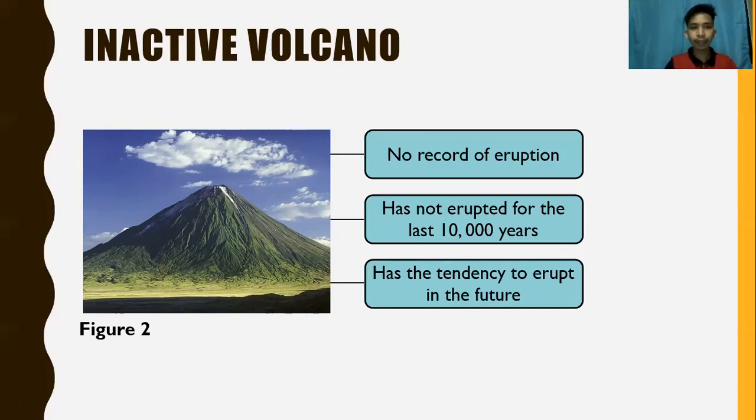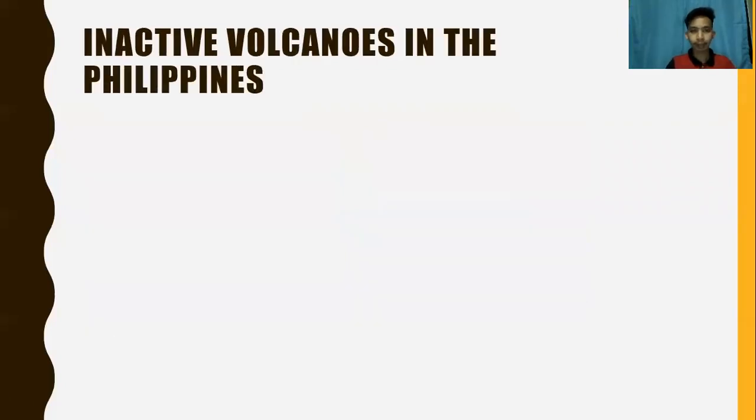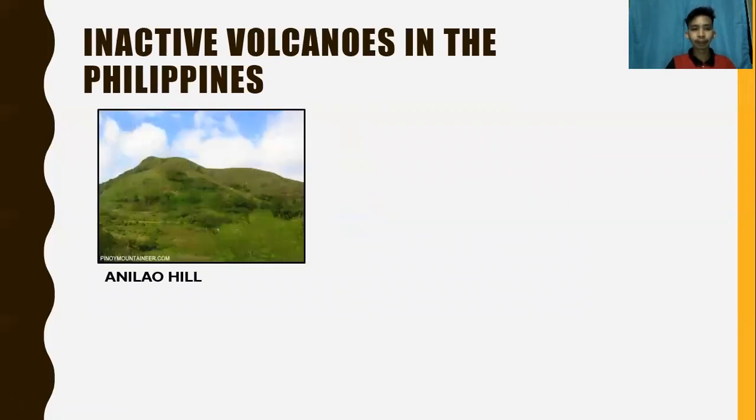Now, can you identify the different examples of inactive volcano in the Philippines? Here I have examples of inactive volcanoes in the Philippines. The first one, we have Anilao Hill, which is found in Batangas.